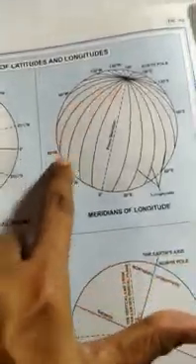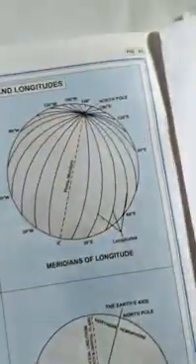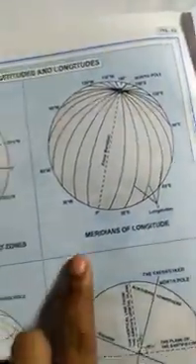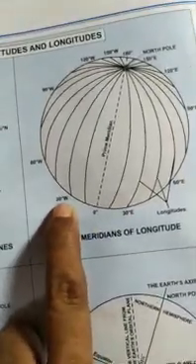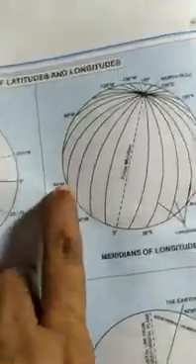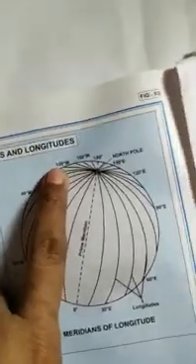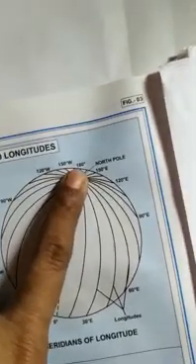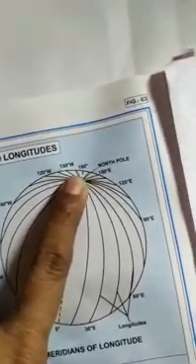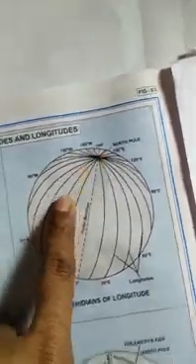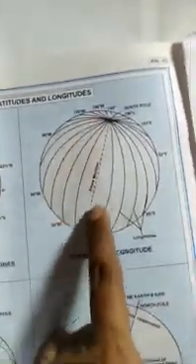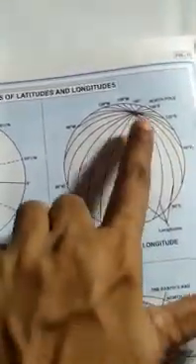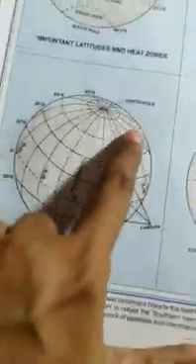These lines are expressed in degrees and minutes. So here it is written 30 degrees west, 60 degrees west, 90 degrees west, 120 degrees, 150 degrees, and last it is 180 degrees.